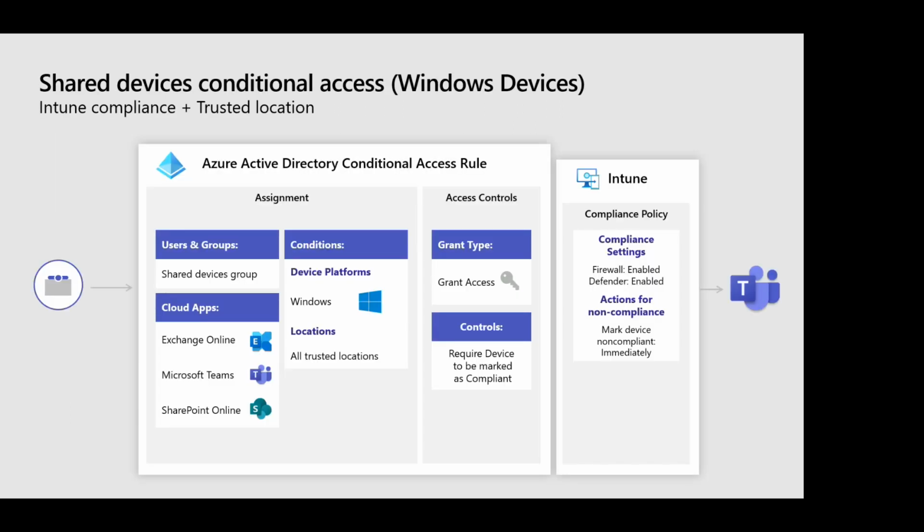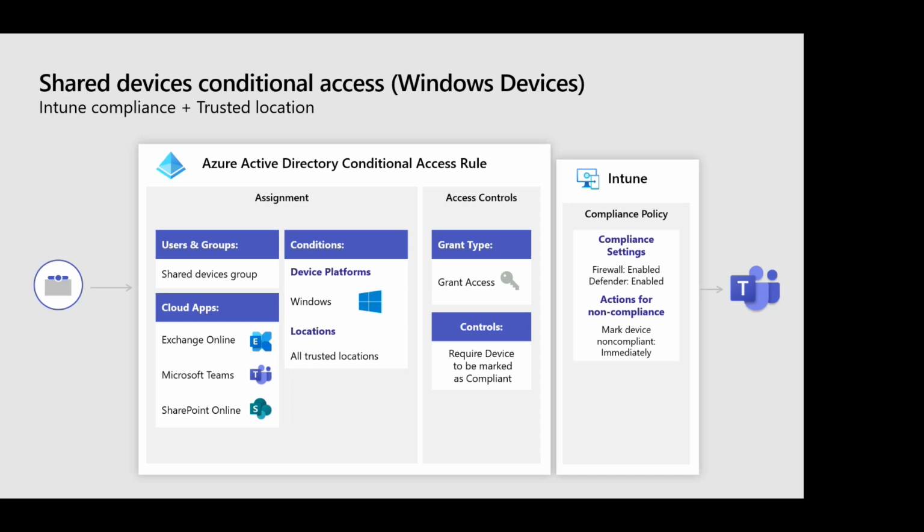So when we're talking about shared devices, conditional access, the Windows device, let's have a look at examples and think about your access strategy. Again, for shared Windows devices, we recommend looking at trusted location. Put a list of IP ranges that you want the resource accounts signing in to come from. With this example, we're leveraging trusted applications and device compliance.